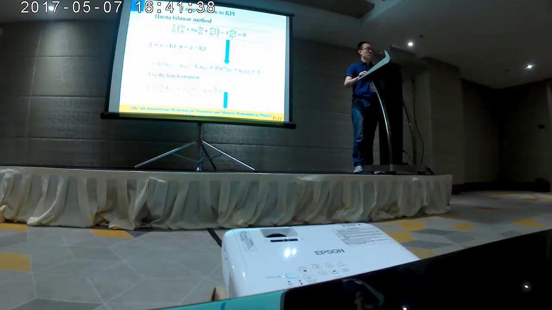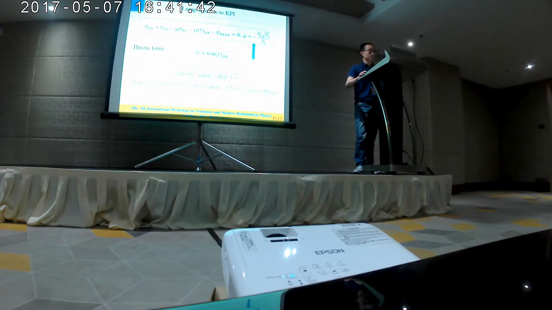Using the transformation, it's easy to convert to this form, where mu equals minus Vy by 4 Vx. Making the bilinear transformation and substituting, the KP1 equation is easily converted to the bilinear form.